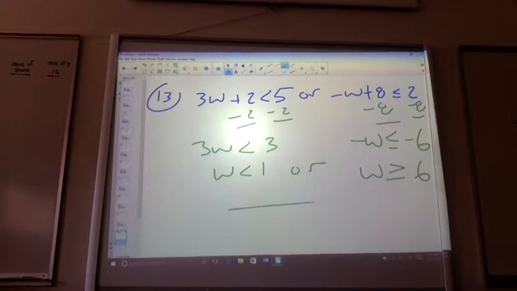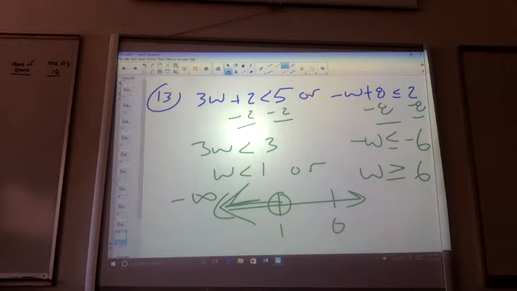Let's take a look at the graph. So I want values less than 1, so that's going to negative infinity. Values that are greater than or equal to 6, so that's going to positive infinity. And if we write this in interval notation, again, I'm writing it from left to right. So it goes from negative infinity to 1, rounded bracket at 1, so don't include it.